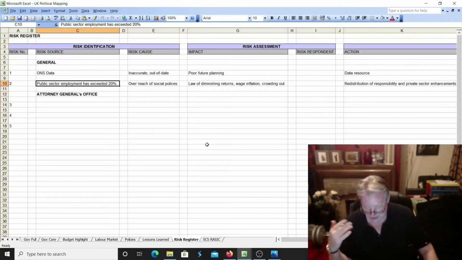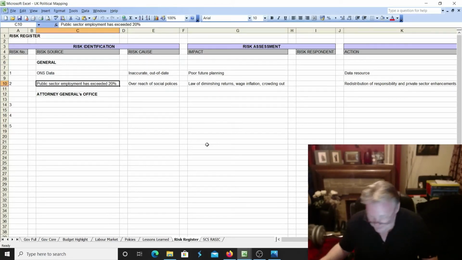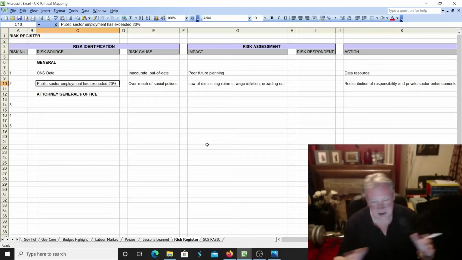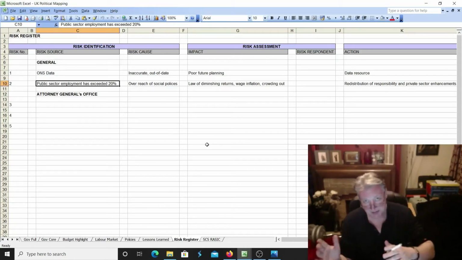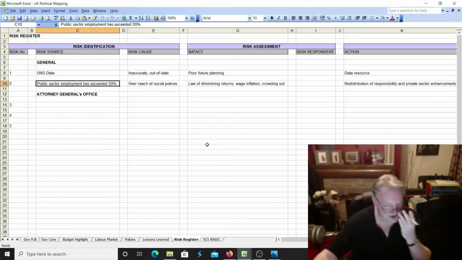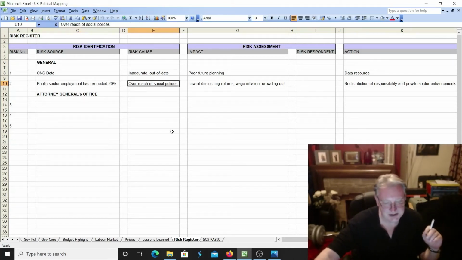But it was always assumed within the corporate sector that if your wages were going to be in excess of 20% of your operational expense, that starts to become a problem. It becomes a problem for a whole range of reasons, and within a corporate atmosphere and a public atmosphere there are going to be some variations to it. But I needed to flag this one up as something that we need to take into consideration.